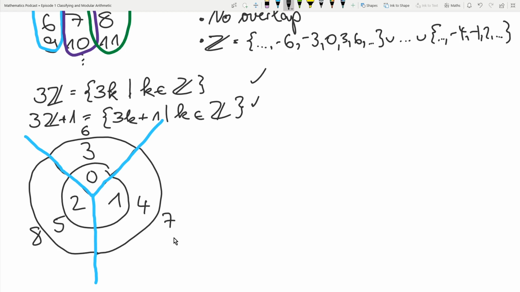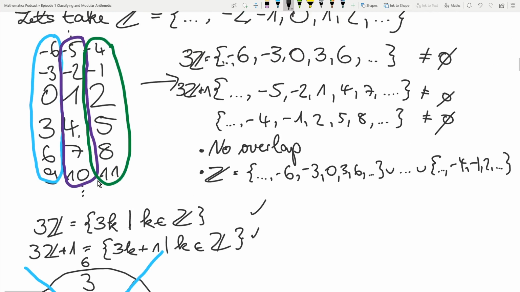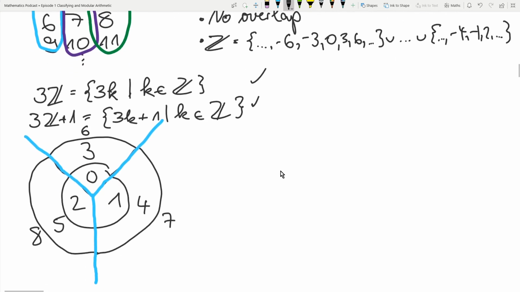But I like to visualize it in a little different way. Because we see this column structure, I like to think about myself as being an observer that is looking at all the numbers from up top, right? So let's sketch that down here.